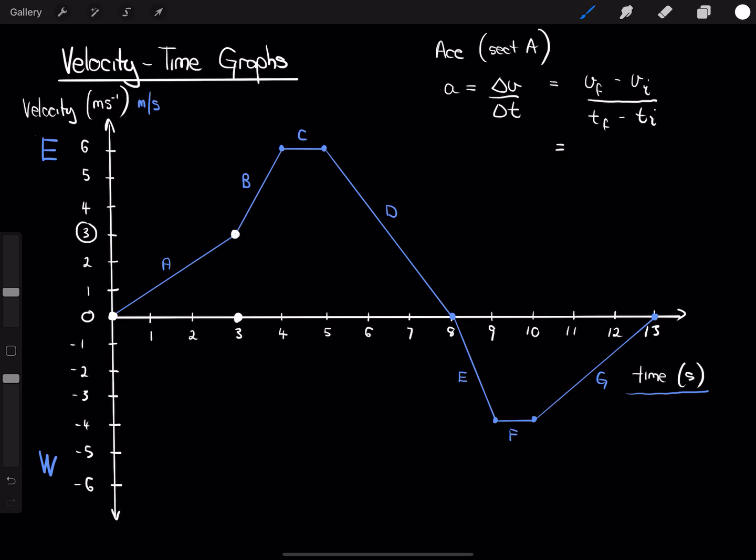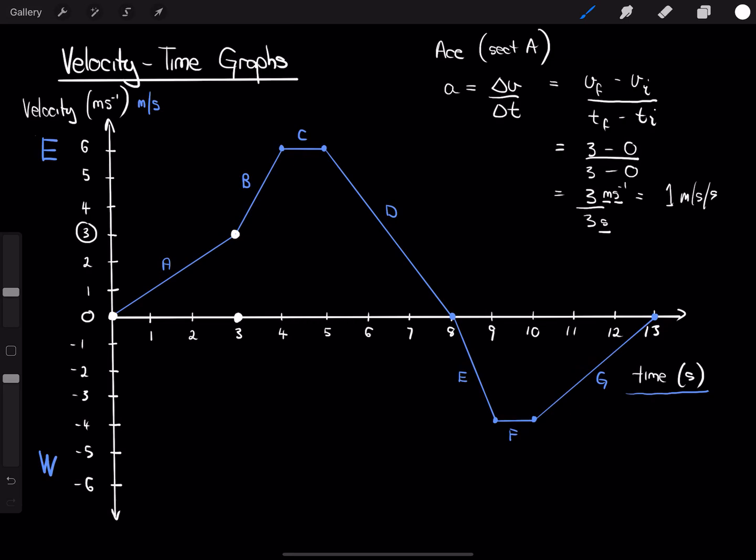And so it's going to be 3 take away 0 over 3 take away 0, which is 3 divided by 3. So it's 3 meters per second divided by 3 seconds. And so the answer is 1 meter per second per second.